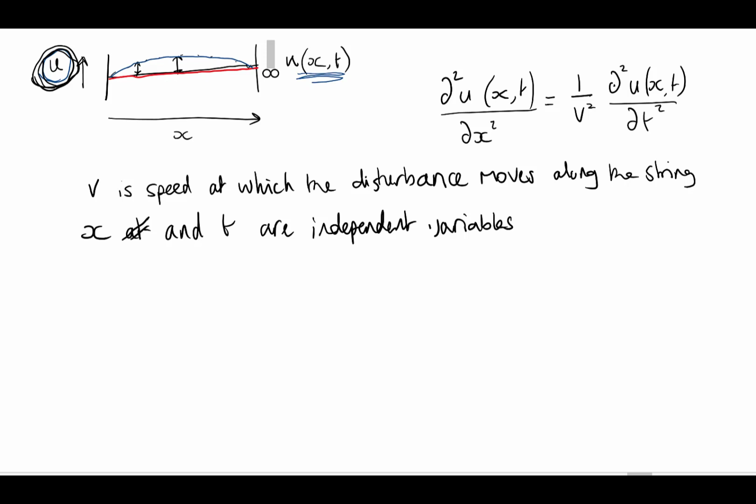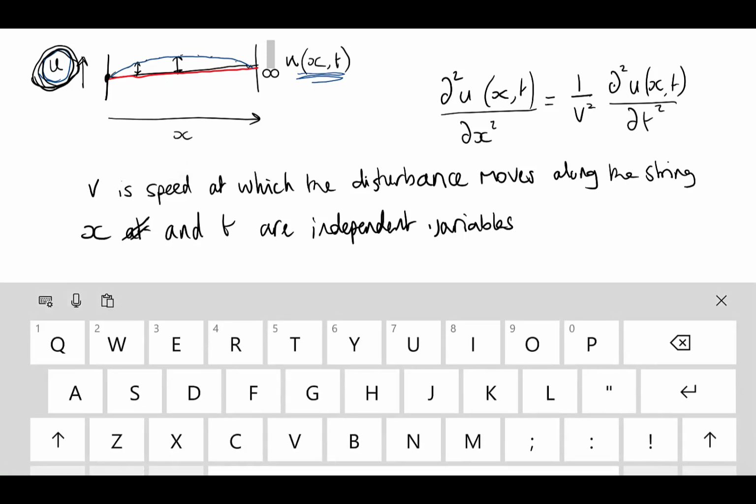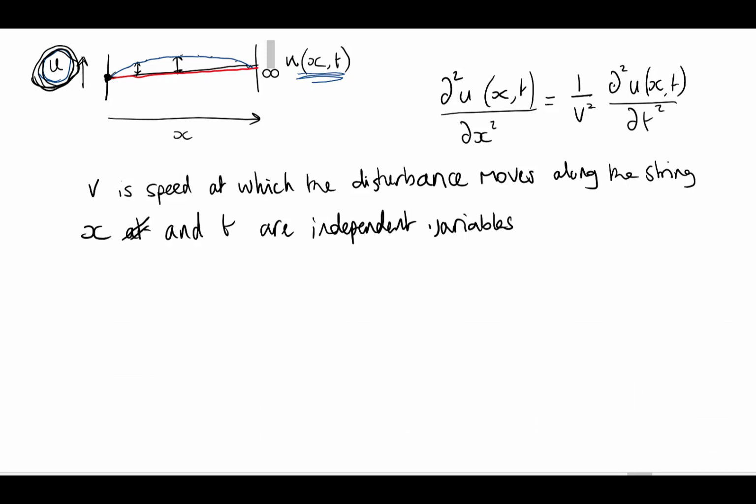So what we're going to think about first is, since this string, if we go back to the diagram, is fixed at the two walls, we have some boundary conditions that are going to be important here.